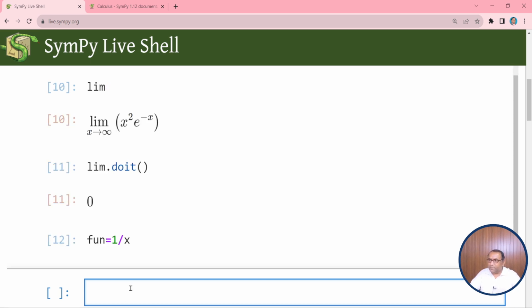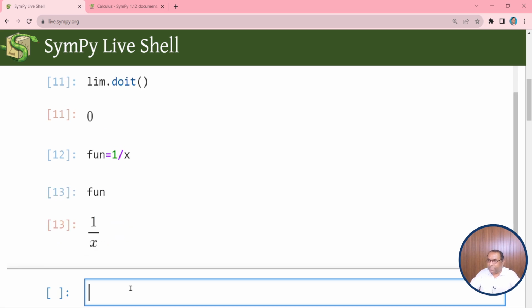If I want to take the left limit of this expression, this is the assignment for the left limit: I am using left limit is equal to limit, then I have the function fun, and the left limit for this will be x comma 0, then in the quote sign you will use minus.